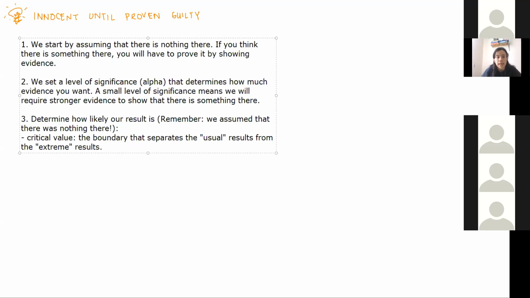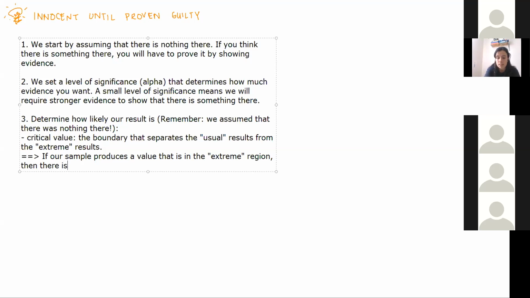Okay, and here's how we reach a conclusion. If our sample produces a value that is in the extreme region, then we conclude that there is probably something there.